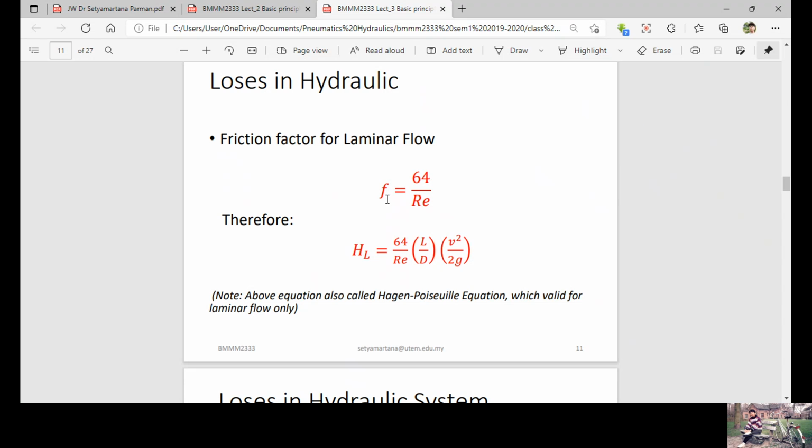And then F, the friction factor for laminar flow, is simply approximated using this equation: 64 over Reynolds number.